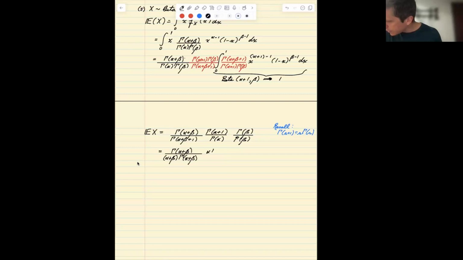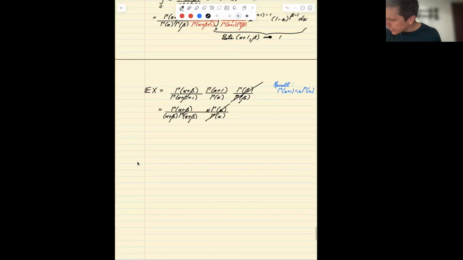Gamma of alpha plus 1 can be written as alpha times gamma of alpha. And this is just 1, so that goes away. And so now we have cancellation of the gamma functions, and what are we left with? We're left with the expectation is alpha over alpha plus beta. So it's just the ratio. Again, it's the relative size of the parameters of the beta distribution.